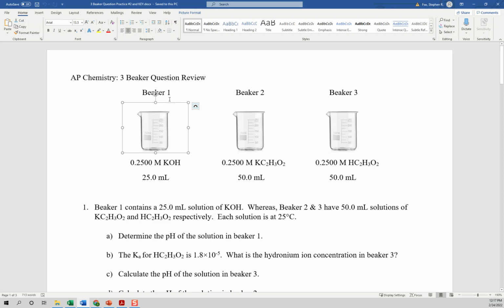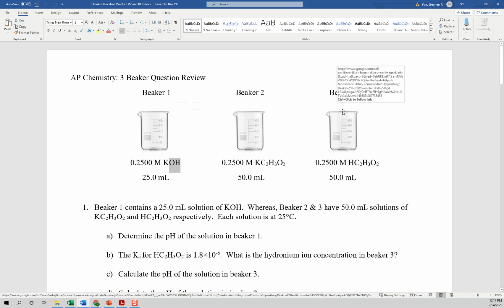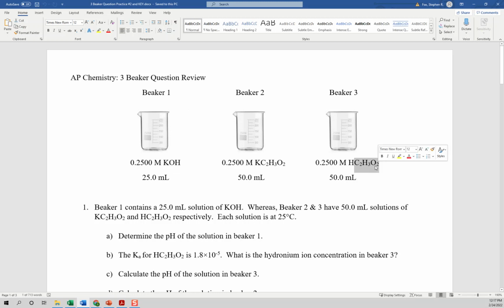So mixing beaker 1 and beaker 3, I know a reaction is going to go to completion, and because I already did the math, I have less hydroxide. So after I mix beaker 1 with beaker 3, if that's what happens in the question, I know I'm not going to have any more hydroxide, and I'm going to have half as much of the acetic acid as I started with, right?